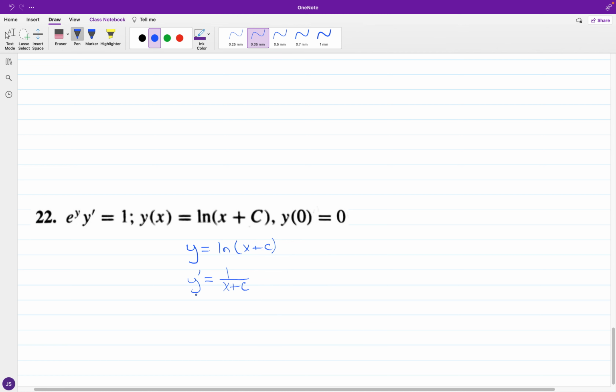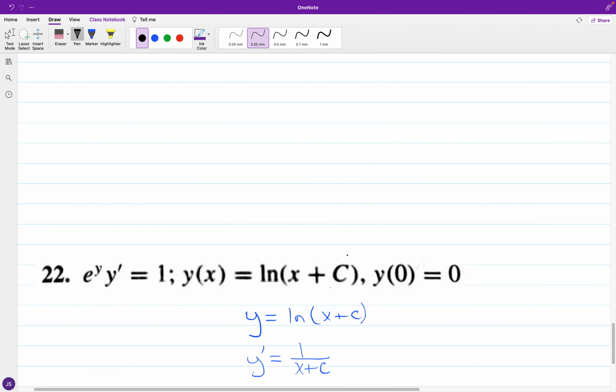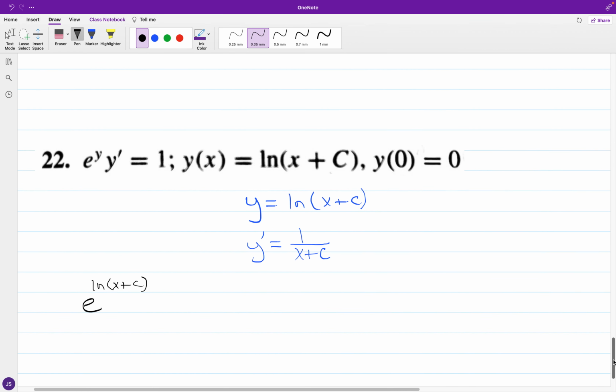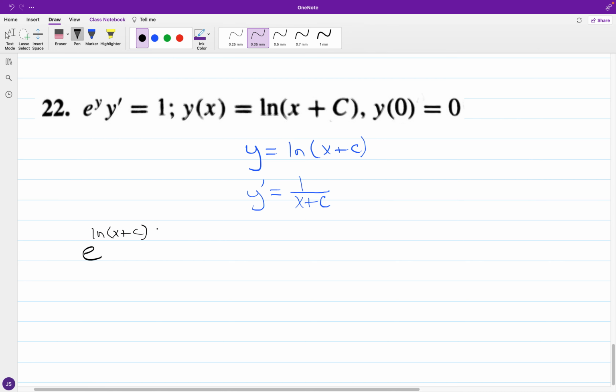Now, looking at what we have in this equation, e to the y is going to be e to the natural logarithm of the quantity of x plus c. We have times y prime. Y prime we have again as the reciprocal of x plus c is equal to 1.